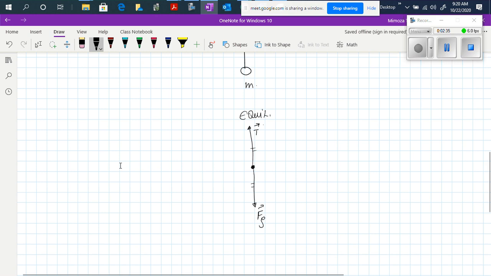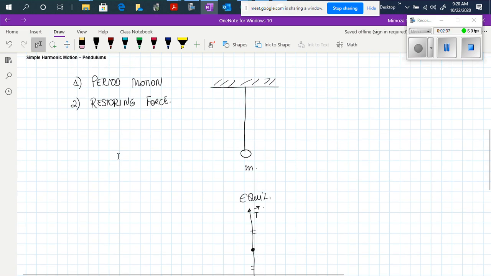And now what we do to the pendulum is we give it a certain type of energy, and you will tell me what it is. So we lift the object to a certain height.